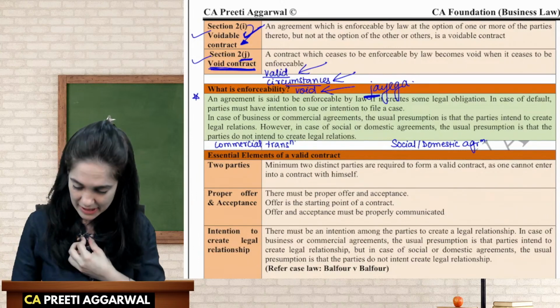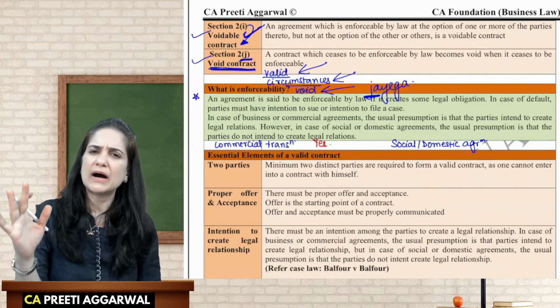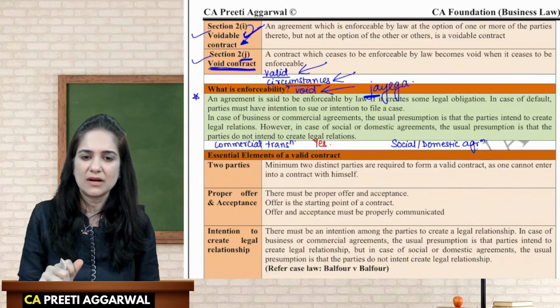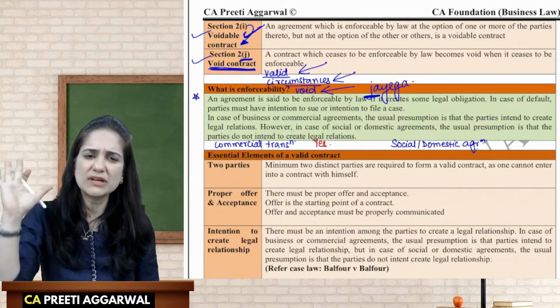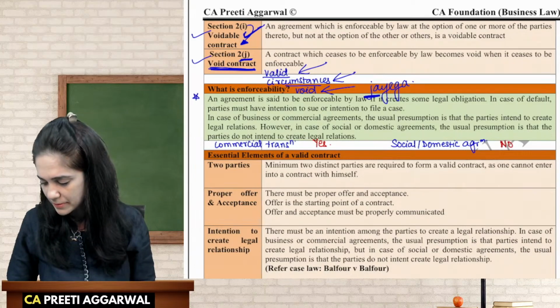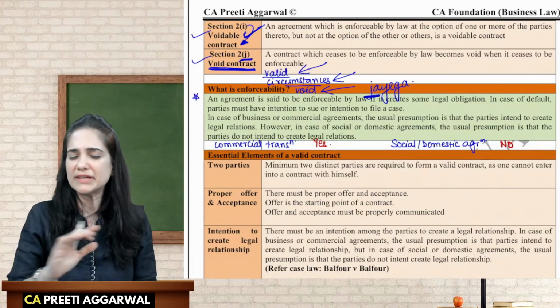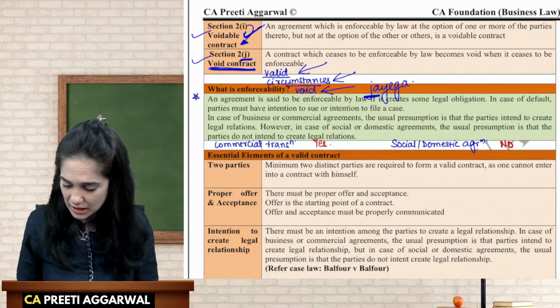Answer is yes. There is a presumption. We assume that parties can file a case. They need not separately agree on this. If one party defaults, the other party can take action. ये हमारा assumption है. But there is no such assumption in case of social or domestic, because at the time of formation, we never had any intention of filing a case. Like in the case of husband-wife.